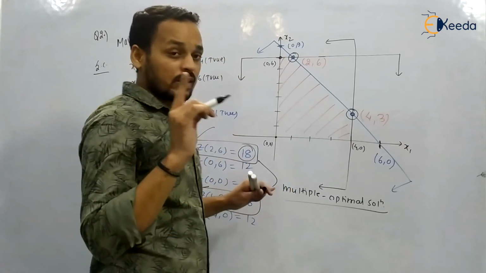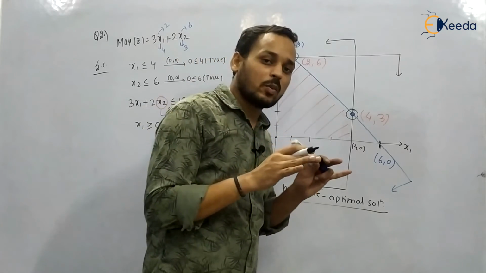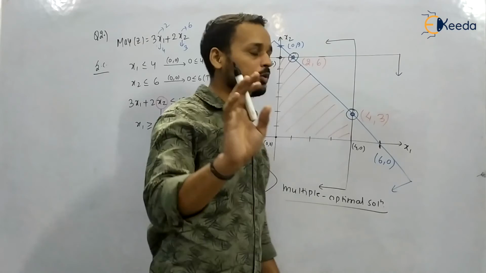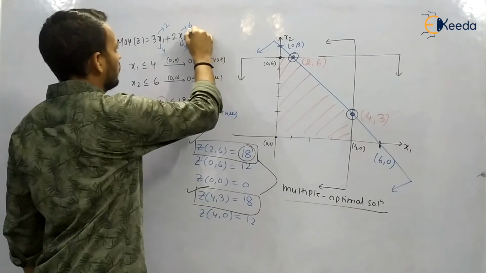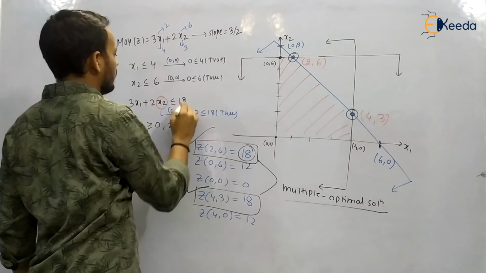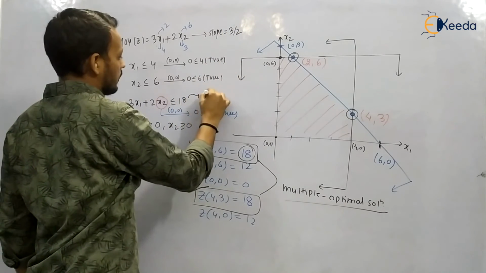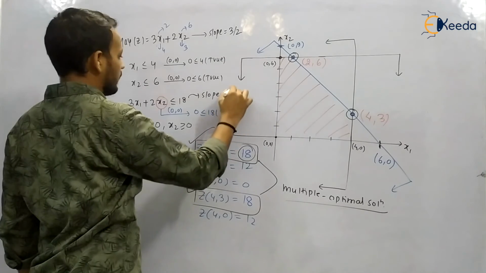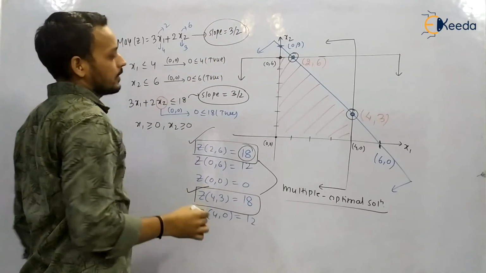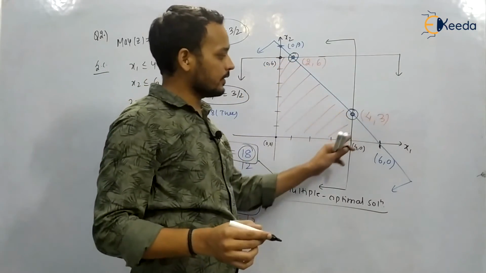Since the solution is multiple optimal, the slope of one of the constraints must be equal to the slope of the objective function. You can see the slope is 3 by 2, and for the third constraint the slope is again 3 by 2. We can say this because none of the constraints is redundant.